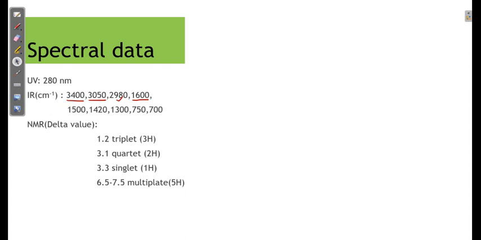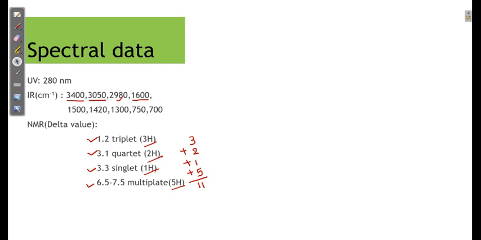There is no need to highlight among them, but all the data are very important. So we have 3H, 2H, 1H and 5H. The total hydrogen is 3 plus 2 plus 1 plus 5, so the total number of hydrogens present here is 11.